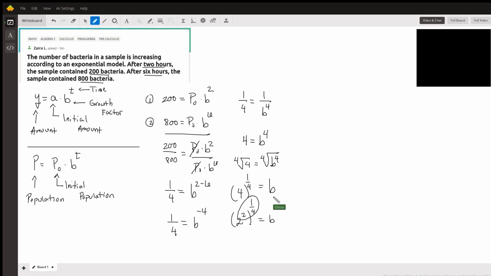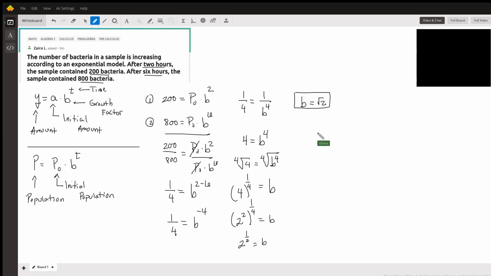That's 2 times 1/4, which is 1/2 when you reduce that. So this is really 2 to the 1/2 power, or B is equal to the square root of 2, because that is what the 1/2 exponent means. So we found one of the pieces of the puzzle. The growth factor is the square root of 2.